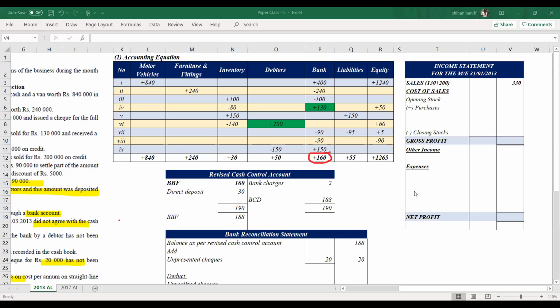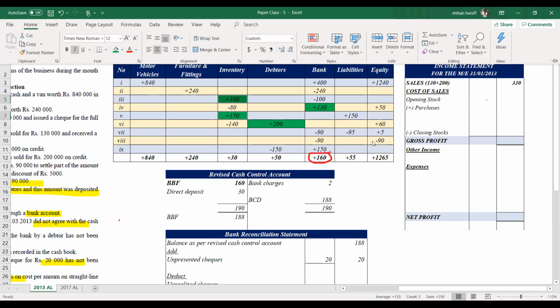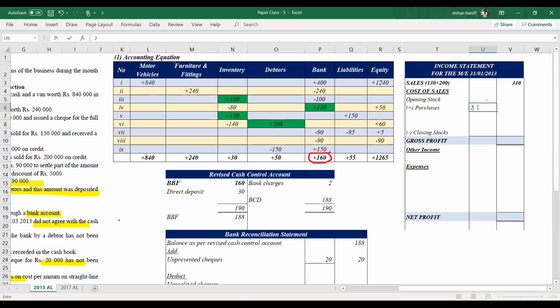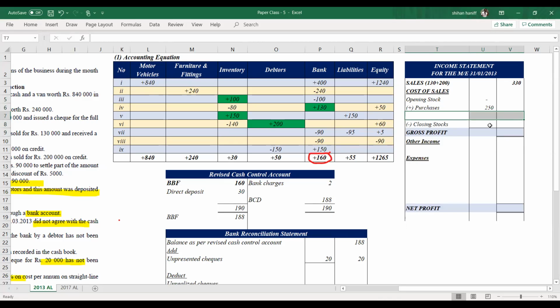Okay. So next, opening stock here, there is no opening stock. Purchases 100, 150. So total purchases 250. There is a closing stock of 30.